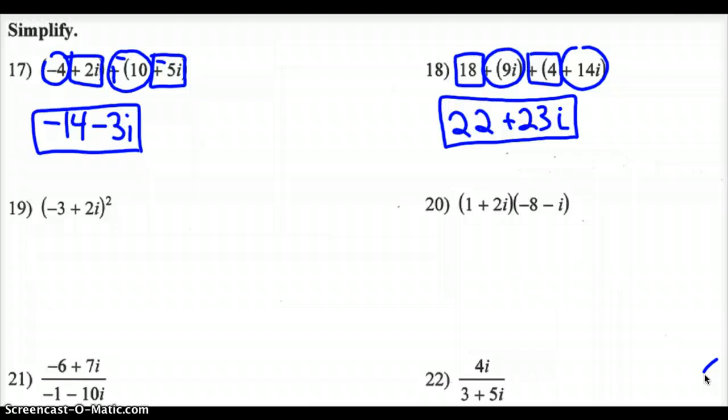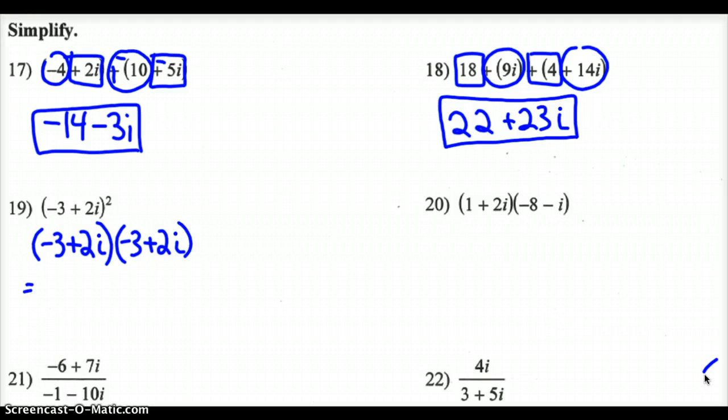Multiplying complex numbers. In this case, I have to do a little rewrite here, and then apply FOIL. First times first is 9. My outside's negative 6i. My inside's negative 6i. And last times last, plus 4i squared.